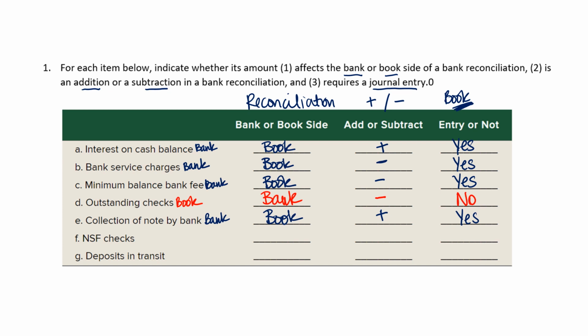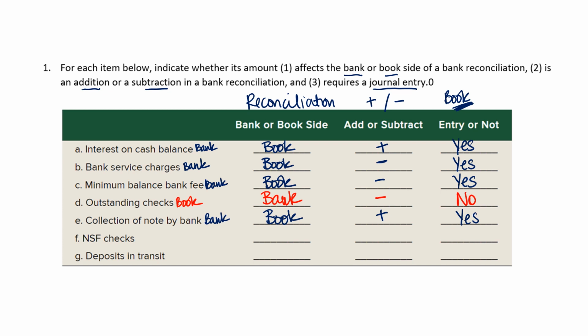F, NSF checks, non-sufficient funds. Remember, what happens here is that when the company receives a check from a customer, they deposit it into the bank account. When they do that with a deposit slip, they also increase their cash balance on their books because they're showing it as a deposit. Well, then come to find out, the bank finds out that the check was bad.